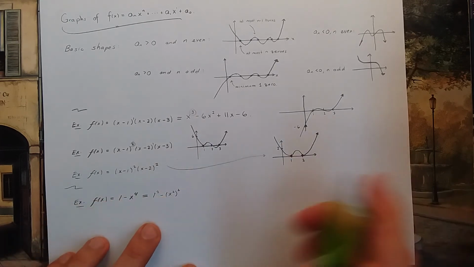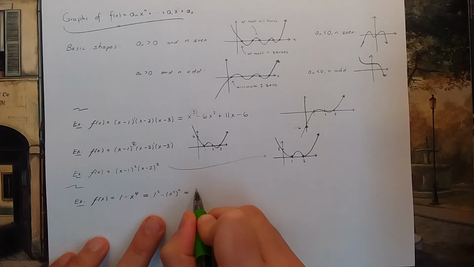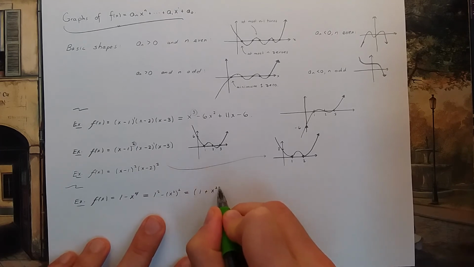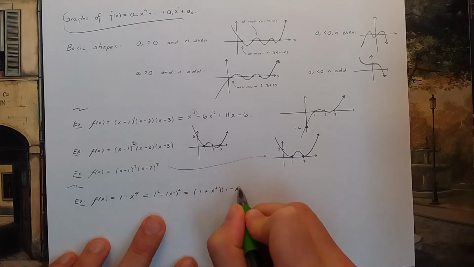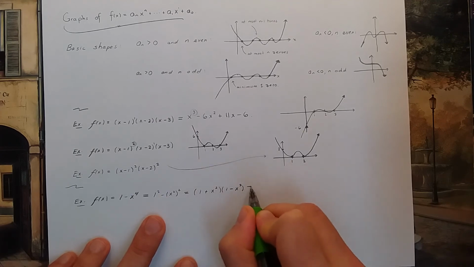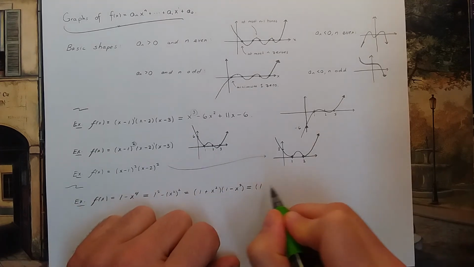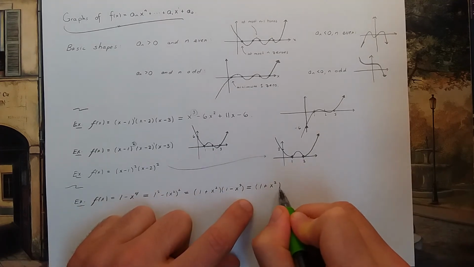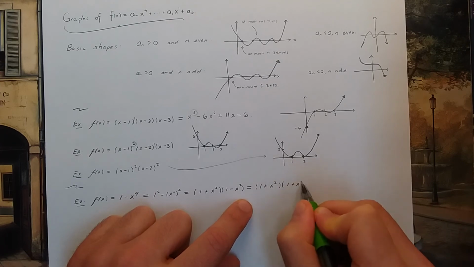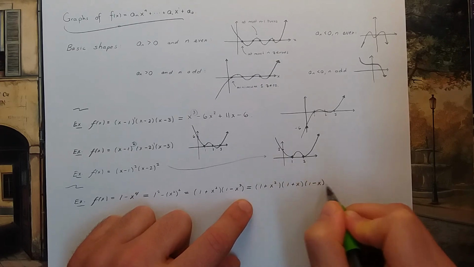A difference of squares can be easily factored into (1 plus x squared) times (1 minus x squared). I have a new difference of squares in the second term. So this is (1 plus x squared) times (1 plus x) times (1 minus x).